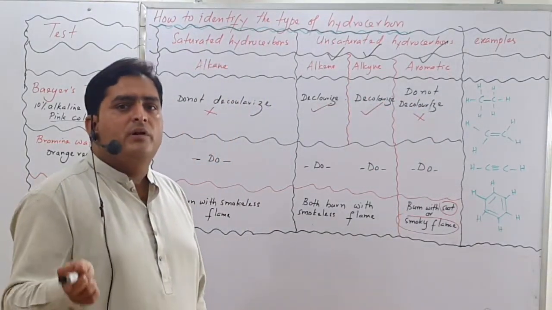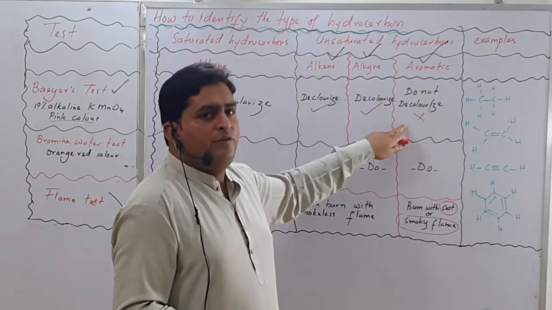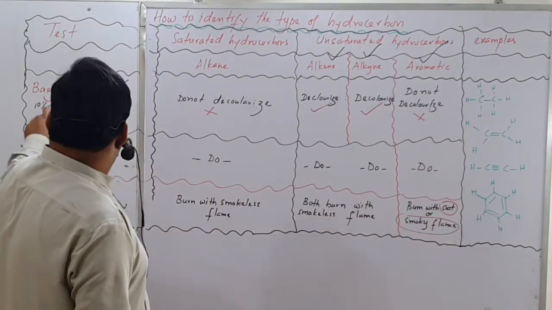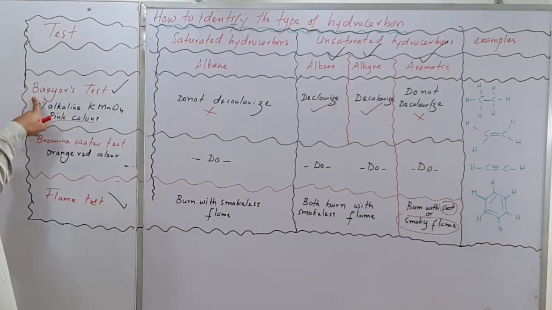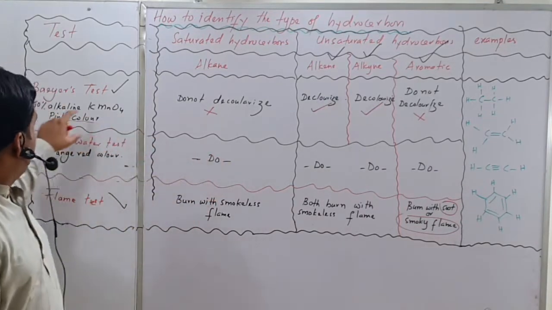If a compound burns with a smoky flame, it is an aromatic compound. So if a compound is irresponsive to the Bayer's test, it means it is not an alkene or alkyne. Bromine water test, it is not an alkene or alkyne. So alkanes and aromatics are already distinguished from this.